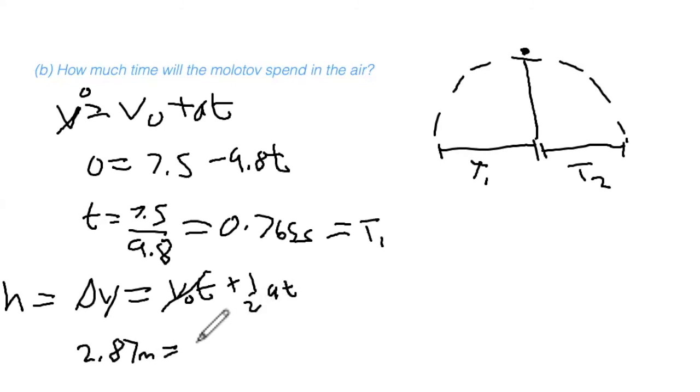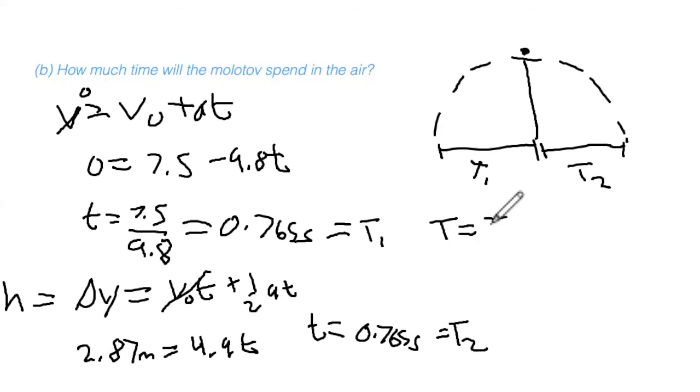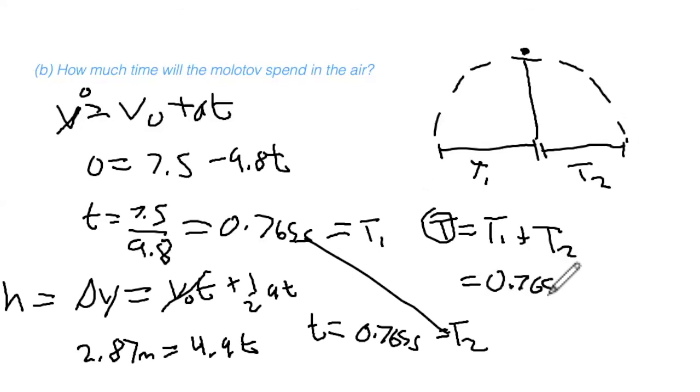One half of 9.8 is 4.9. Just solve for t. It's going to give you 0.765 seconds. It's going to be t2. So the time we're solving for is t1 plus t2. This denotes the total amount of time that the Molotov will spend in the air. These are both the same value, so just multiply by 2. I'll just add it here. The answer is going to be 1.53 seconds.